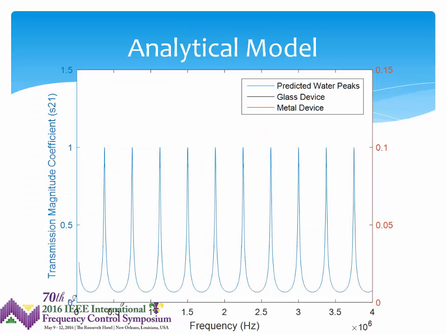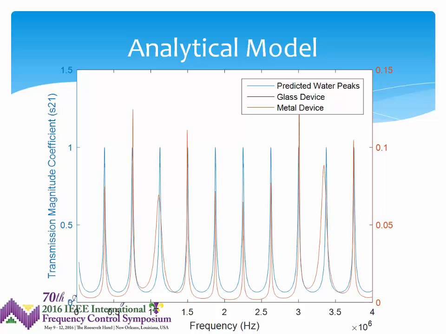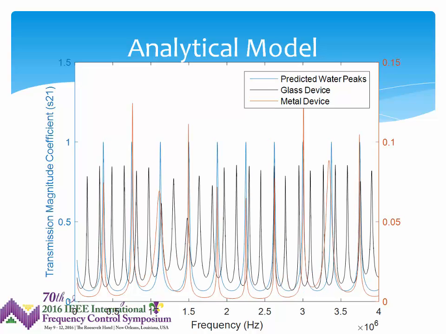Okay, so for these device dimensions, the analytical model that was shown would present a transmission response that would look like that, and then for the metal device, you see that in fact the experimental results do line up. This is just in the presence of water, so no glucose.